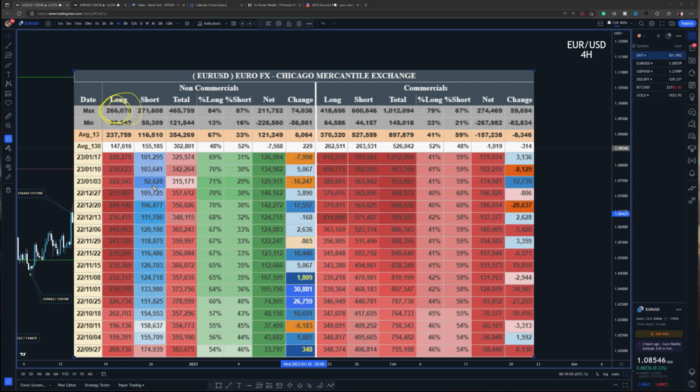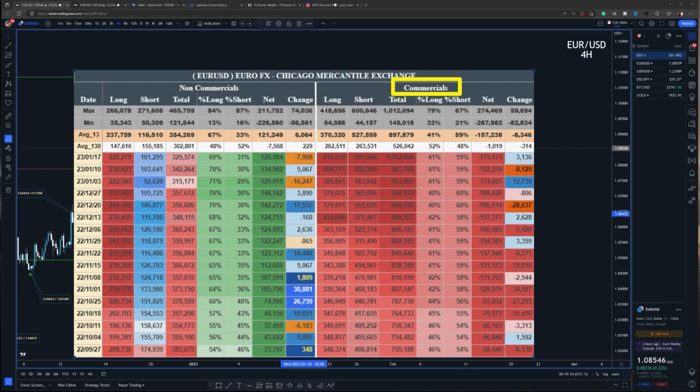This is a 5 years screenshot. In my application you can filter how much history you want to watch. So 266, and now they're actually reducing, but I think they will bring it higher. But look at this, this is quite interesting. If we look at the commercials, which are the hedgers, they always hedge their positions against the trend. Once the trend reverses, they start to distribute their positions into the market, right? So look at this.